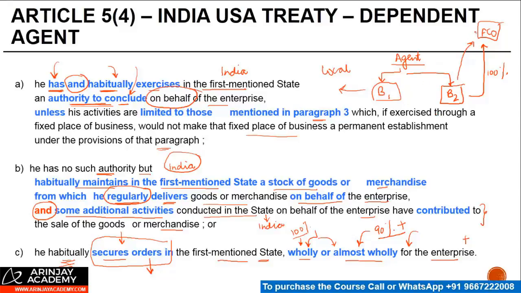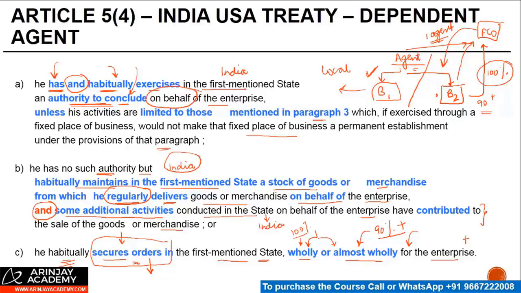You do not need to see whether the foreign company has only one agent. What you need to see is, for the activity that we are considering, how much is the dependence of this agent on the foreign company. If this dependence is 100% or 90 plus, it is construed that this agent is a PE, even though he may have certain separate businesses, right?